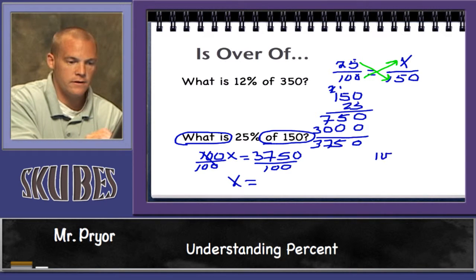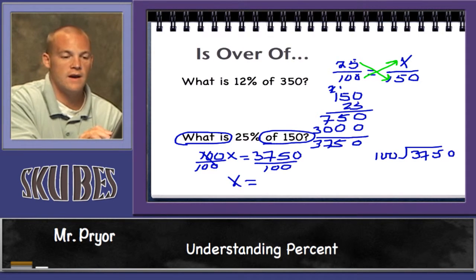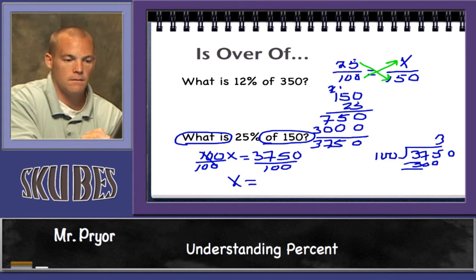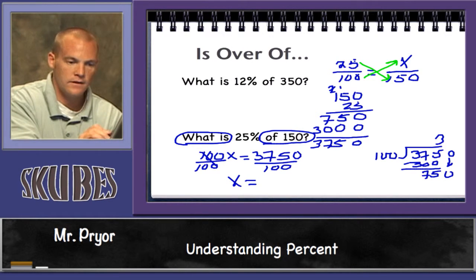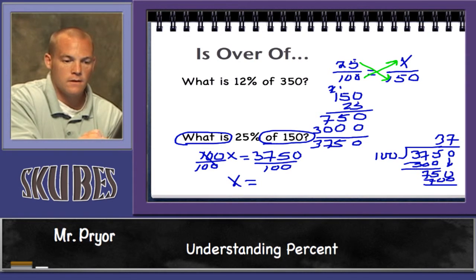We have 100 and 3750. So 100 goes into 375 3 times. When we do the subtraction there, we get 75. We bring down that last 0. 100 goes into 750 7 times. And that's going to give us 700. All right.